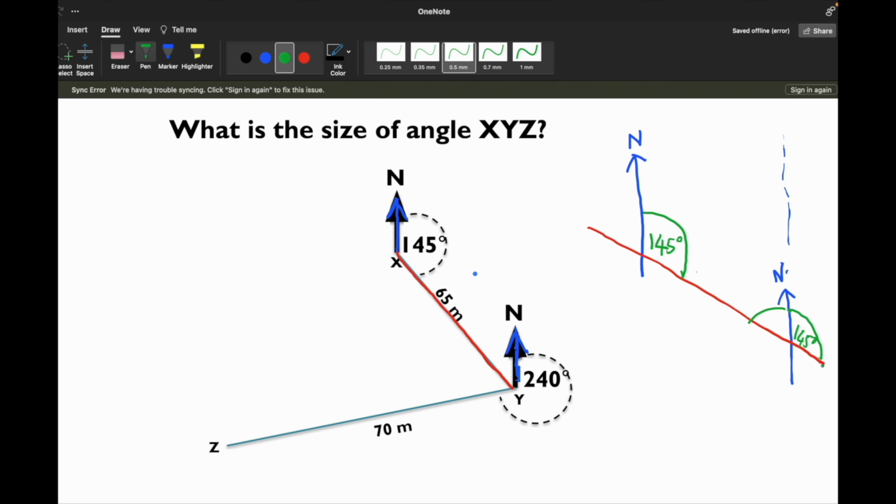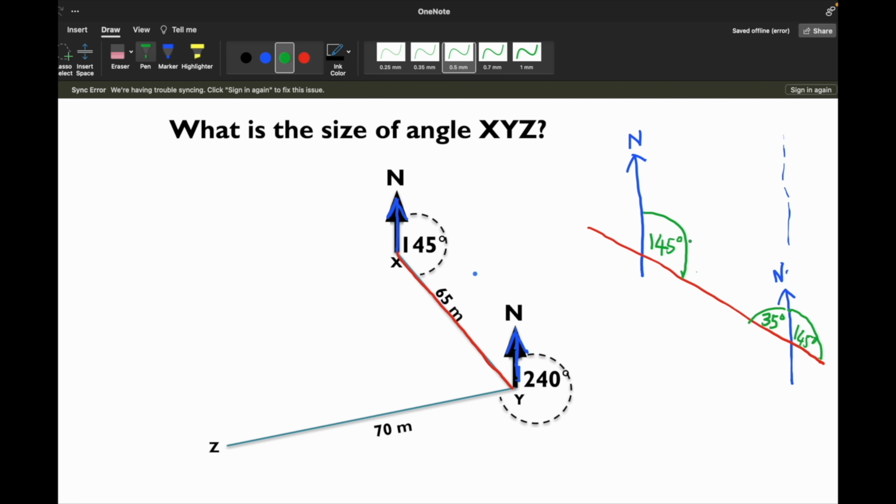This is a straight line. Straight lines add up to how many degrees? 180. So if this is 145, what should here be inside of this? Anybody could help me? What would in here be? 35 degrees. 35. How do you know it's 35 degrees? If you subtract 145 degrees from 180, you get 35 degrees.